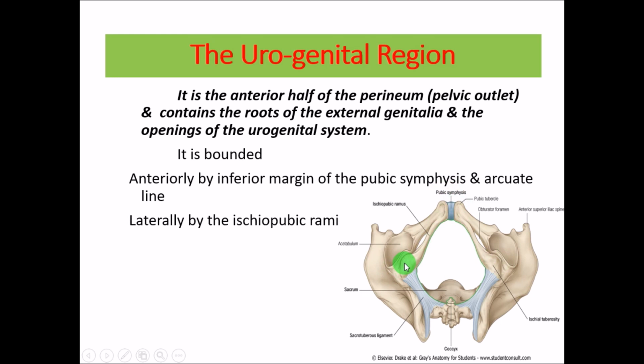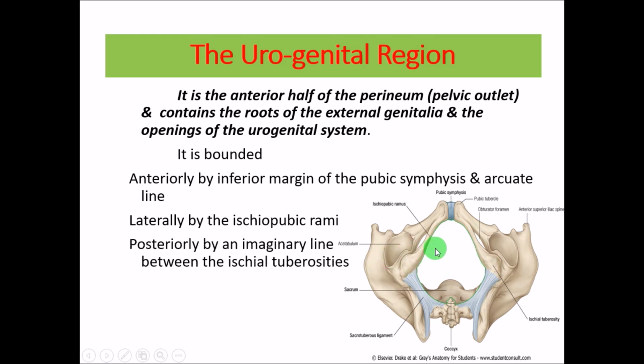If you see here on the lateral side, these are the ischiopubic rami on either side, and these are the ischial tuberosities on either side. Posteriorly, if we draw an imaginary line joining both ischial tuberosities, that forms the posterior boundary.